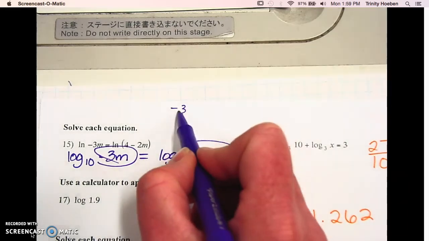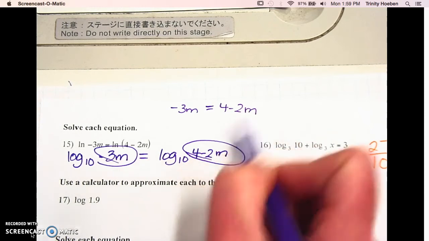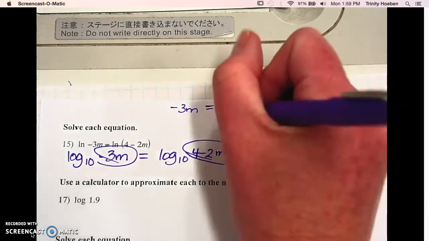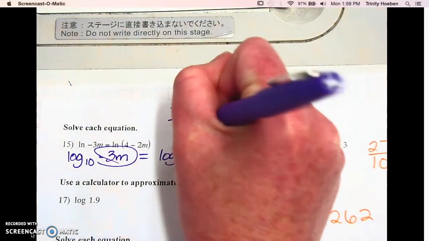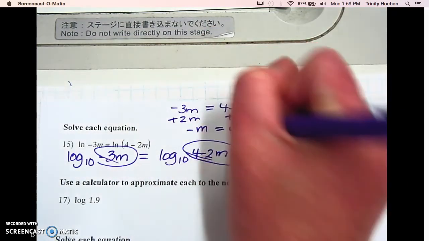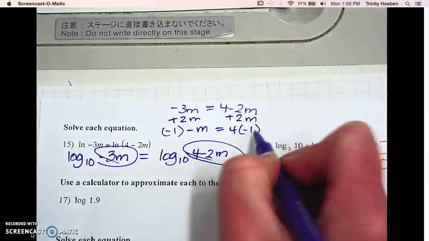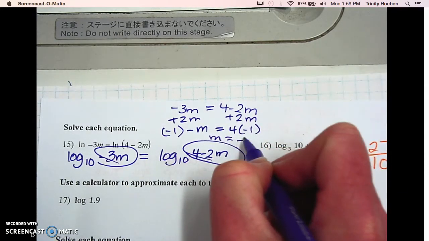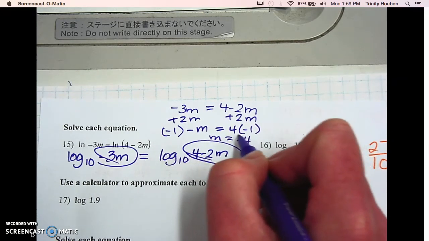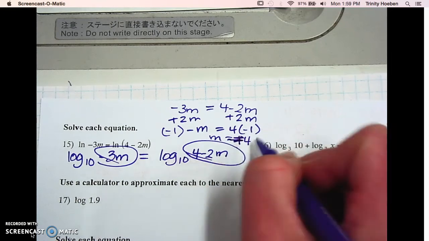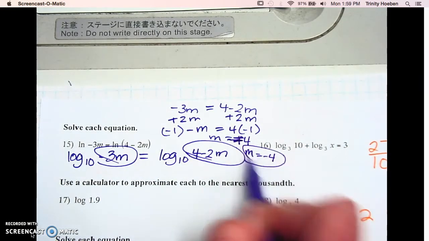So if we have negative 3m equals 4 minus 2m, we'll just add 2m to both sides. This becomes negative m equals 4. Multiply both sides by negative 1. So positive m is going to be equal to positive 4. No, negative 4. That should be negative. M equals negative 4. Don't mess up your signs.